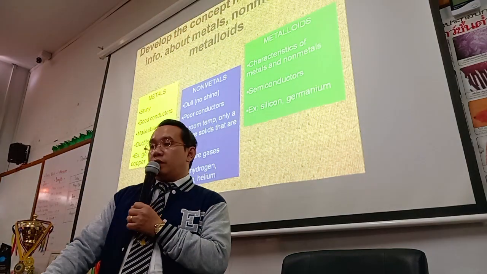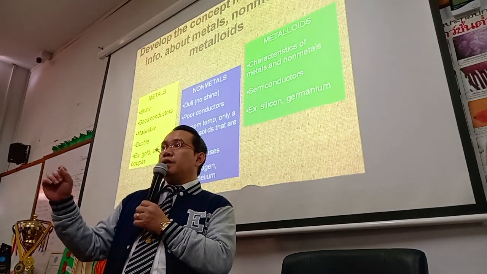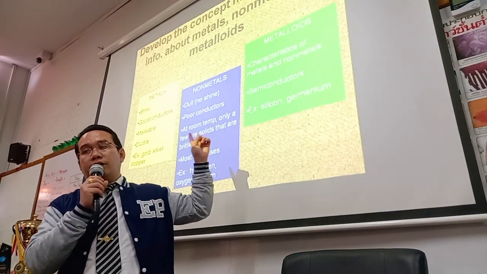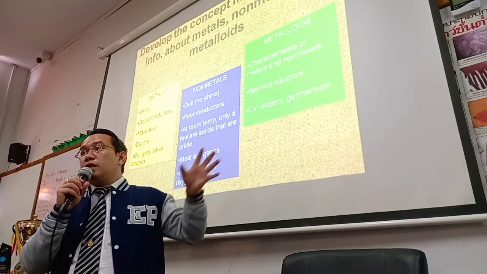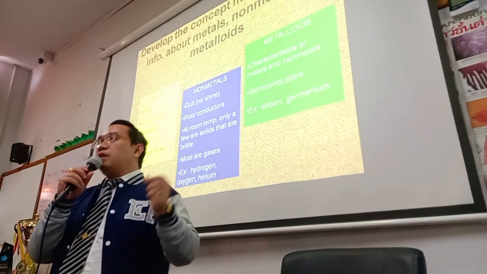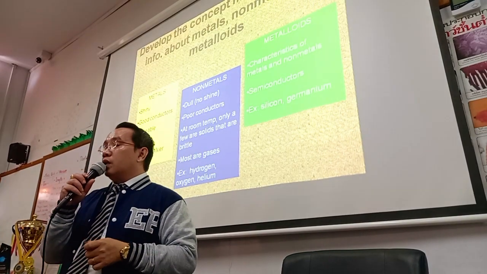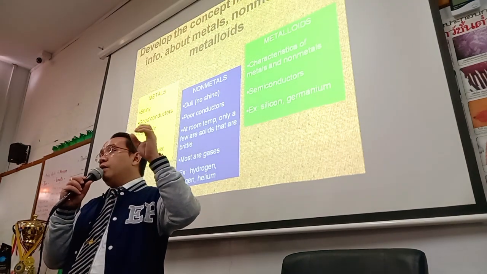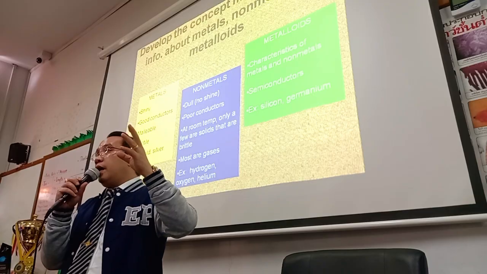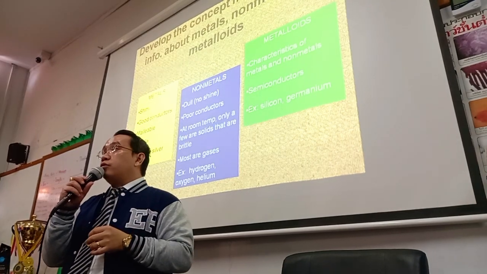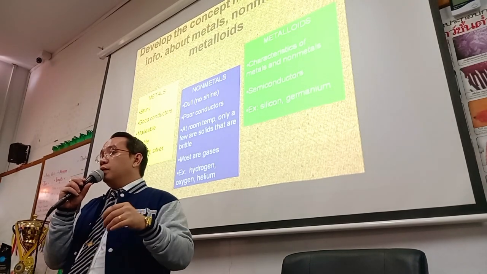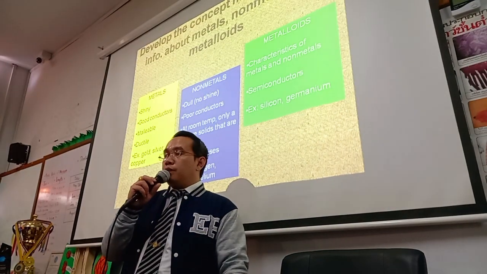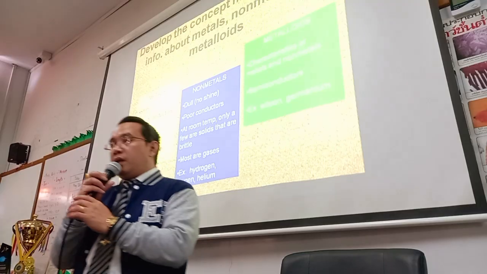What about metalloids? How do we recognize a metalloid? It has characteristics of both metals and non-metals, but they are basically semiconductors. When I talk about semiconductors, the transfer of heat, light, or electricity is not too high. It's very low. Like for example, silicon, germanium, and so on.